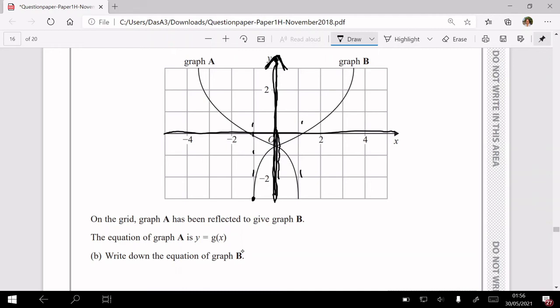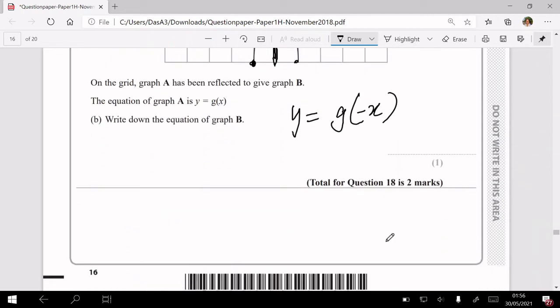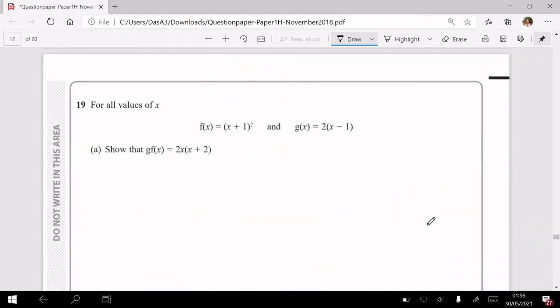The y value is the same, because the y value of minus 3 is exactly the same as here, which means the minus goes into the bracket. So y is equal to g of minus x, not the minus outside, because the y value stays the same but the x values change, which means the minus is affecting the x. Hope that helped. Let's move on to the next one.